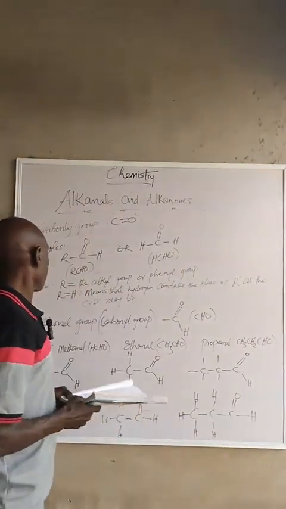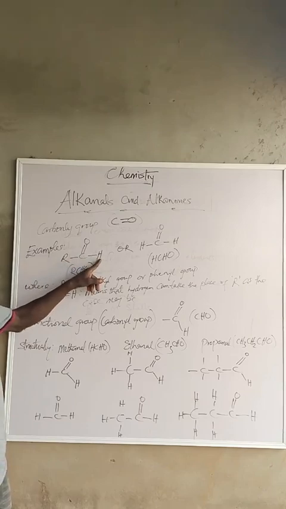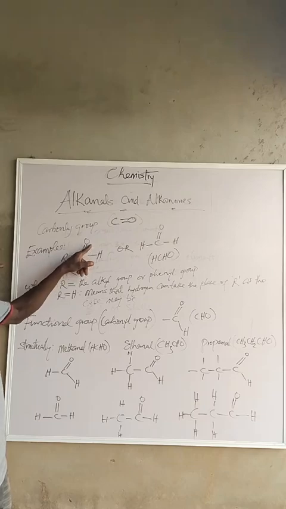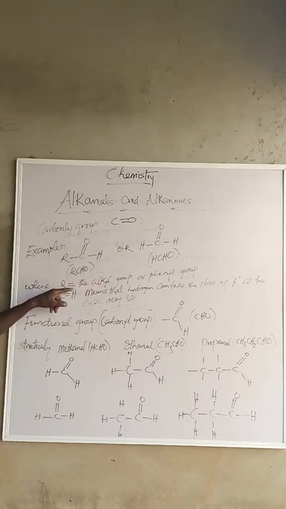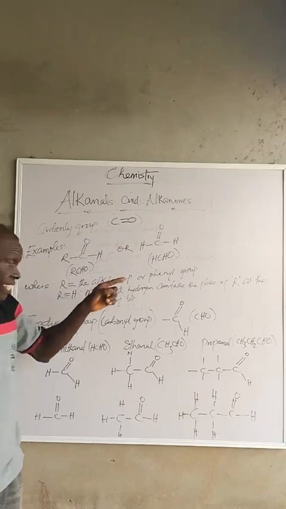For example, on the board here, the C double bond O is the functional group. This organic compound is attached to one alkyl group, which is the R, and one hydrogen atom with the carbonyl group. It is written either this way or this way, whereby the R here is the alkyl group or the phenyl group. The R being equal to H means that hydrogen can take the place of R in certain cases.